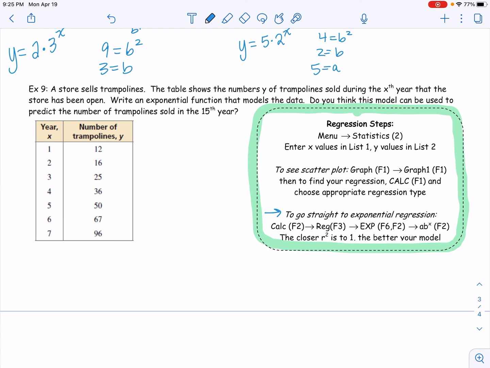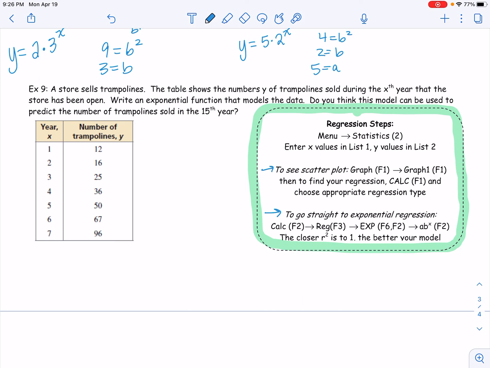Okay. Before we talk about those values, I do want to tell you that you may not know what kind of data you have. If this was a quiz or a test and we just give you some data, it might not be exponential. It might be quadratic. It might be linear. It might be whatever. So in order to see what kind of model it is, you'd want to go to that scatter plot. So you would do the same first step, enter in the x, enter in the y in those two lists, but instead of going straight to the regression, you'd want to see your scatter plot.